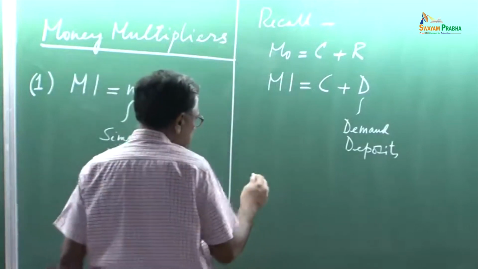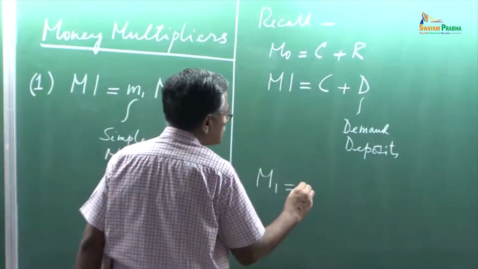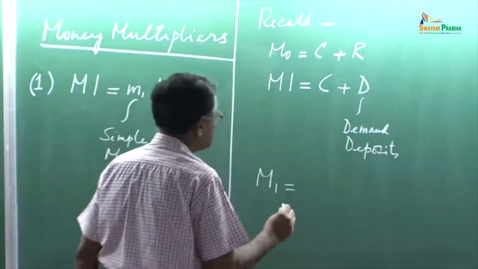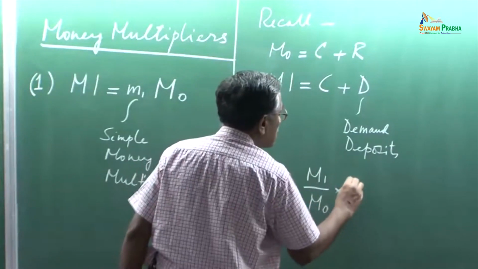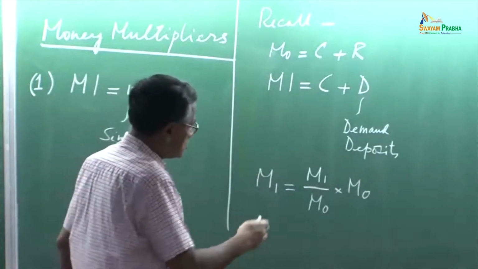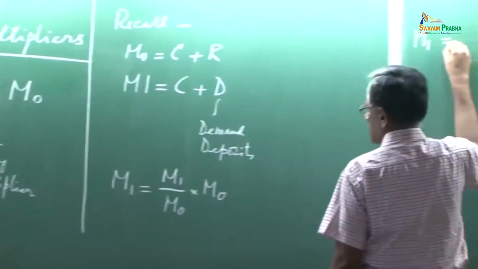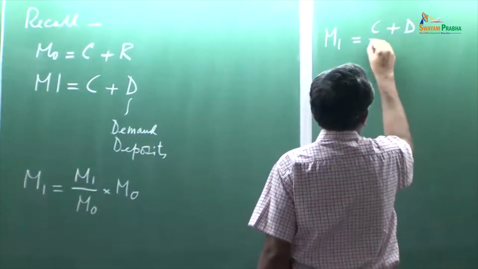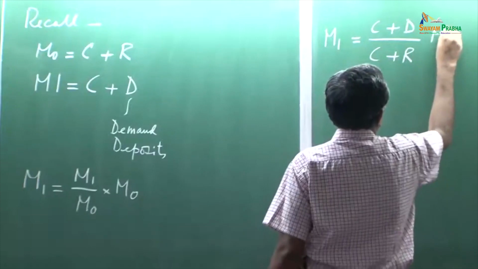Now, you can do a simple manipulation, which is M1 is equal to M1 over M0 into M0. I can write that. So, this relationship will therefore become M1 is equal to C plus D over C plus R into M naught.